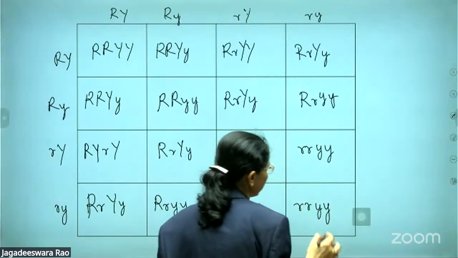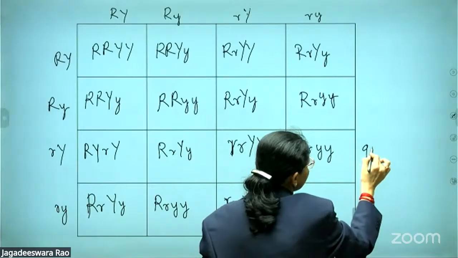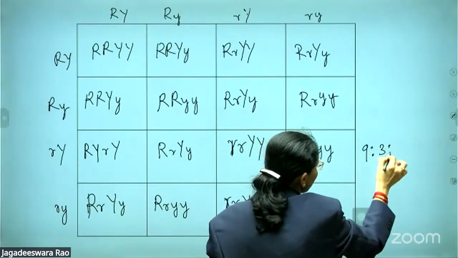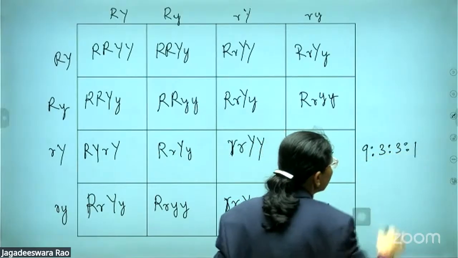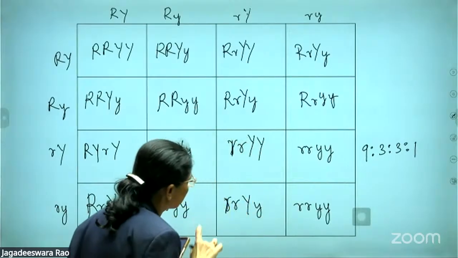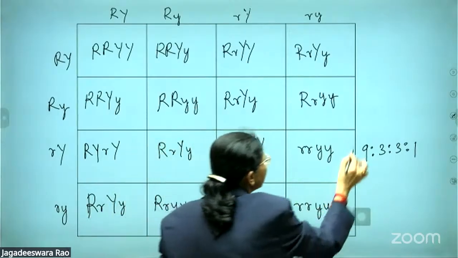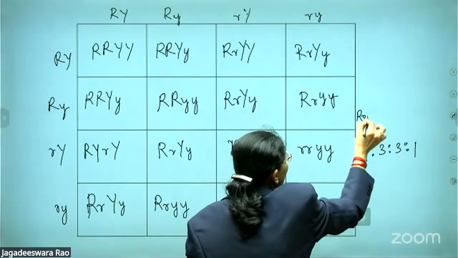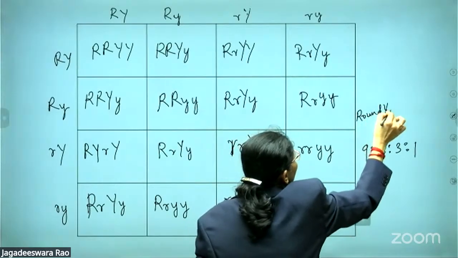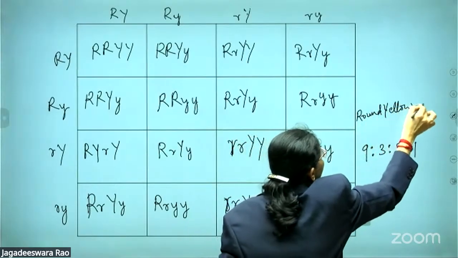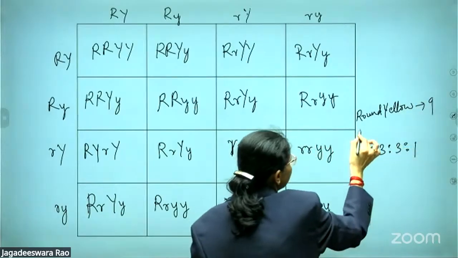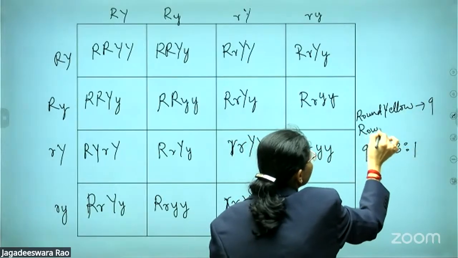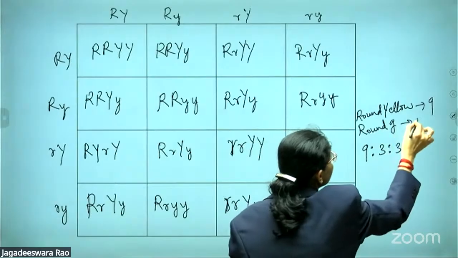So here you will get the dominant character 9, and the ratio 9 is to 3 is to 3 is to 1. This is the phenotypic ratio you need to remember. Okay, round yellow, how many? Round yellow, 9. Then round green, you will get 3.